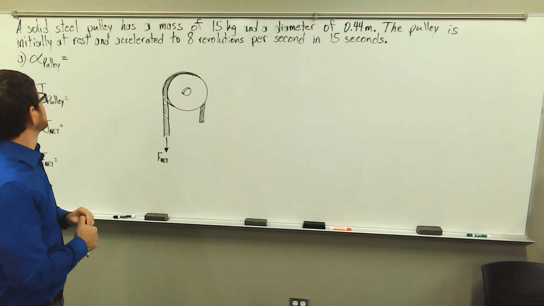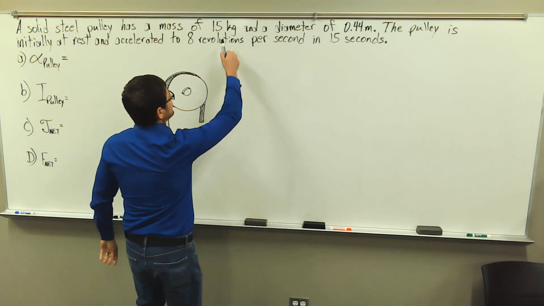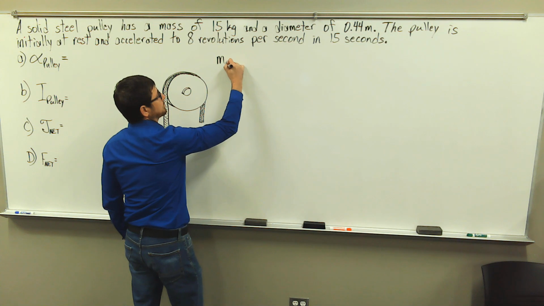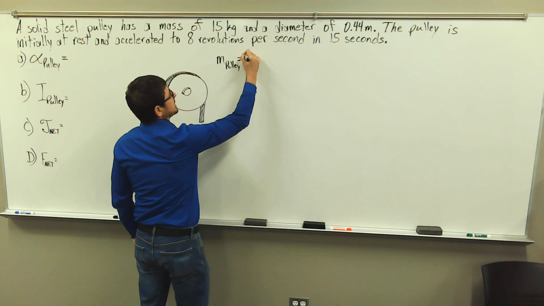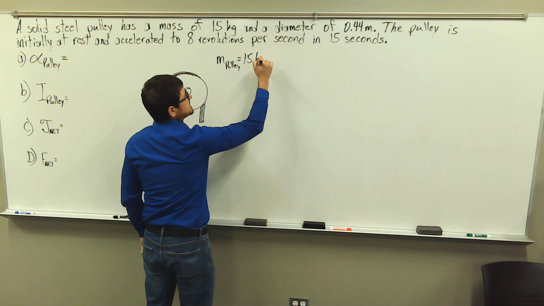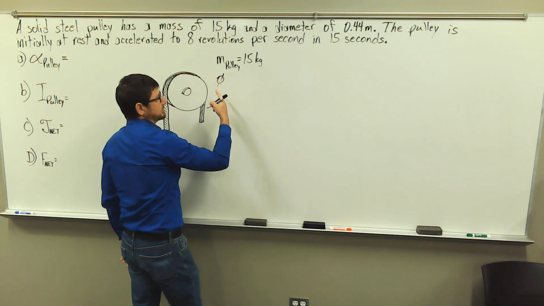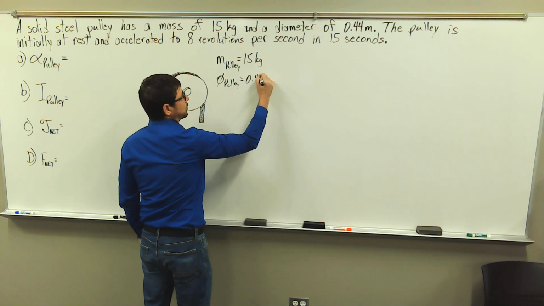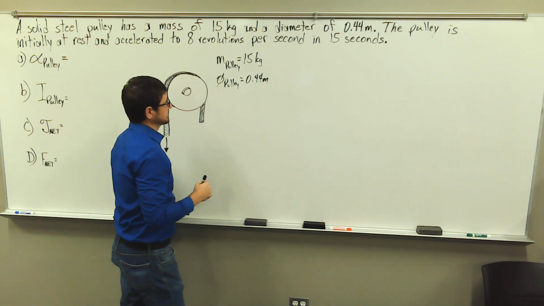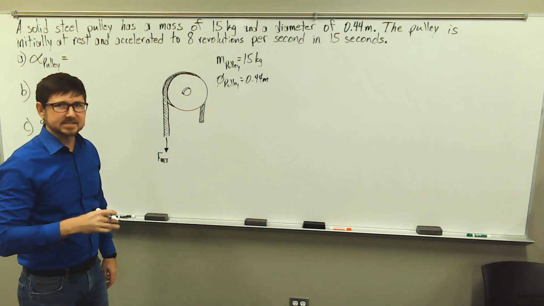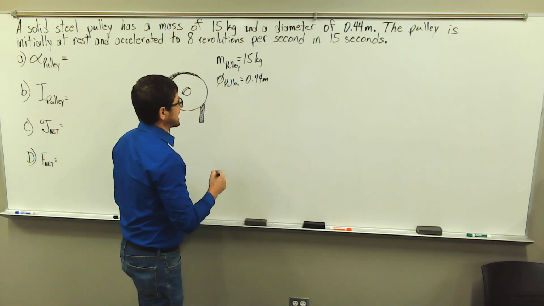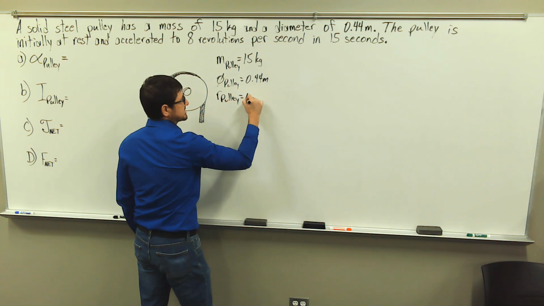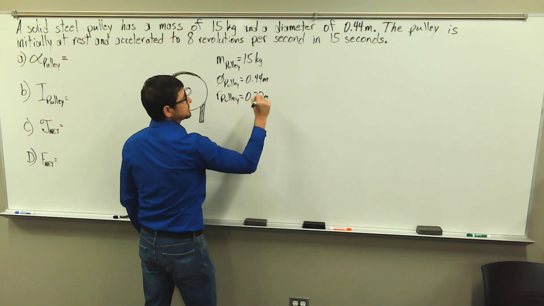So starting out, the mass of the pulley is 15 kilograms. So I'm just going to say M sub pulley, 15 kilograms. The diameter of the pulley, so I'll use the diameter symbol, is 0.44 meters. And we know that the radius is half of the diameter, so the radius of the pulley is 0.22 meters.